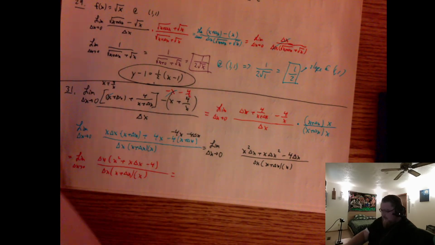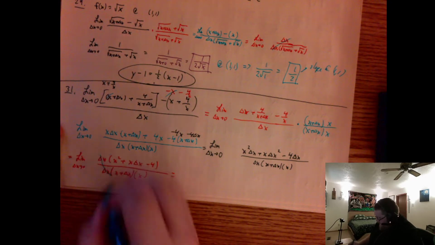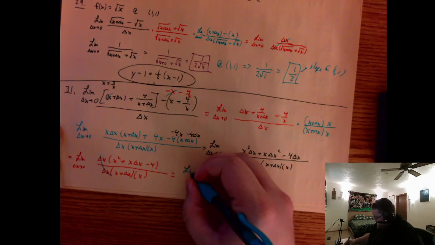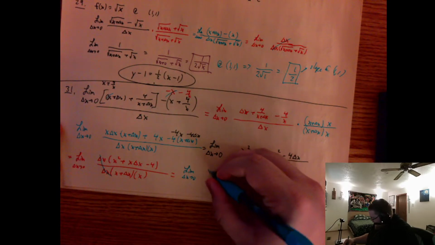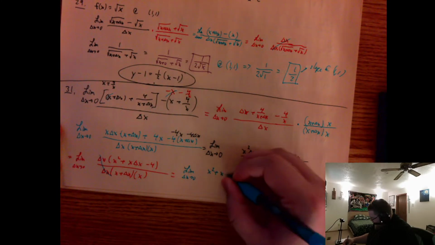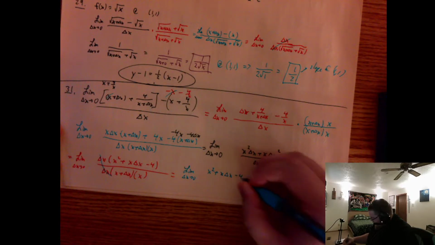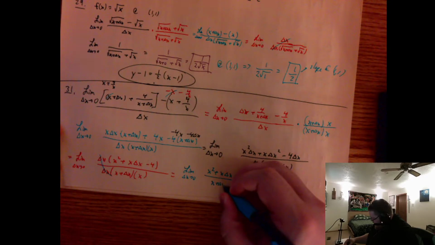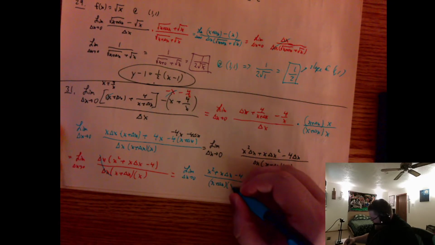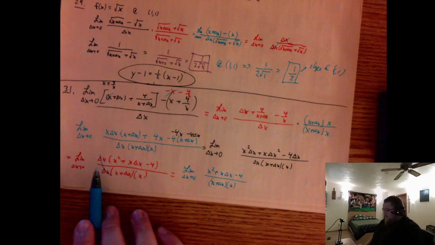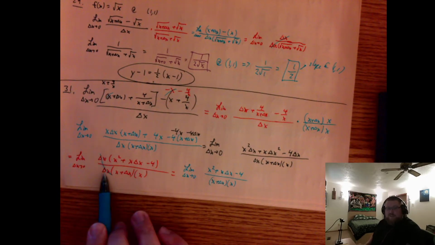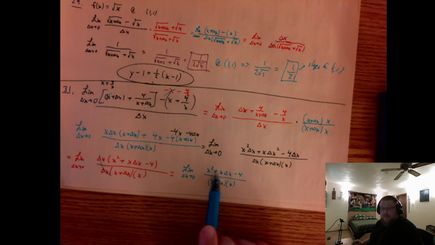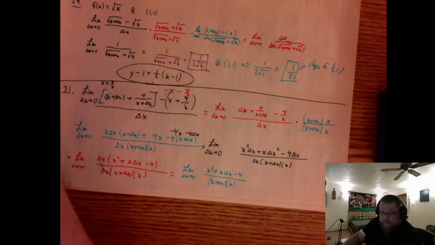Okay, I can cancel out those delta x's, leaving me the limit as delta x approaches 0 of x squared plus x delta x minus 4 all over x plus delta x times x. Now, if I plug in 0 here, I get 0 on top, 0 on bottom, not allowed. If I plug in 0 here, though, I do get an answer.